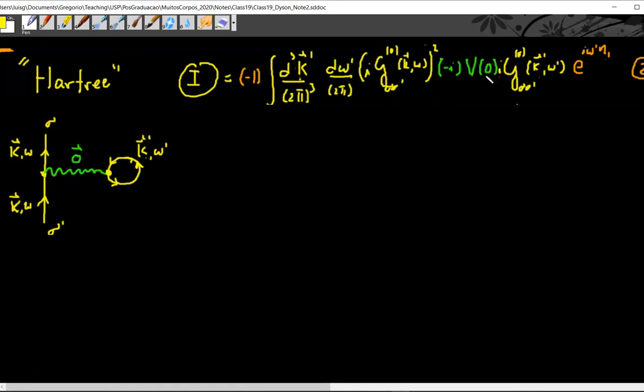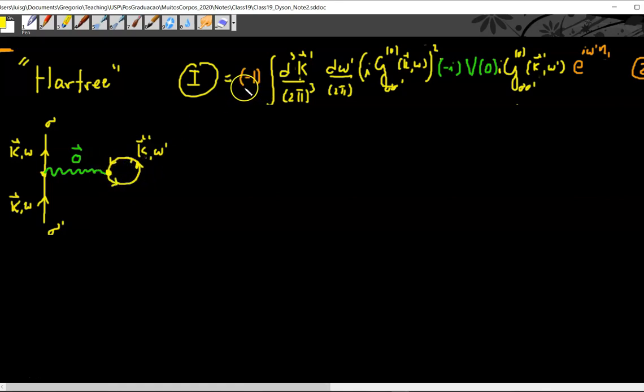And there's another propagator here at k prime omega prime, and k prime and omega prime are both internal variables or internal indices, and you have to integrate or sum over them. So there will be an integral in k prime and an integral in omega prime here. So this will factor out. I will be left with an integral in k prime and omega prime. Two other points: we have to add a -1 because of this fermionic loop here.